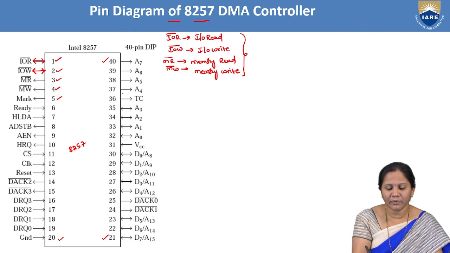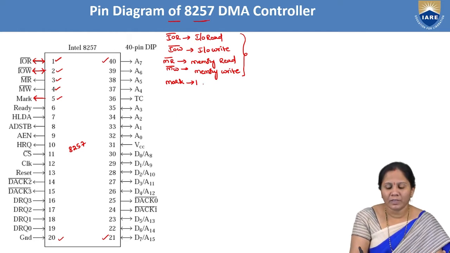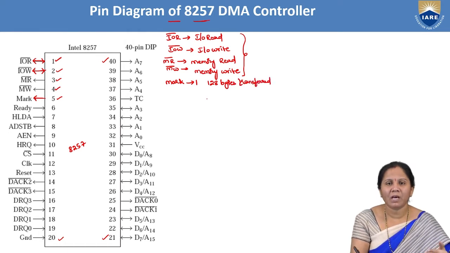And next, the fifth one is the MARK signal. As we saw in the features also, this MARK signal is an output signal. When it gives the output 1, it indicates that 128 bytes have been transferred.